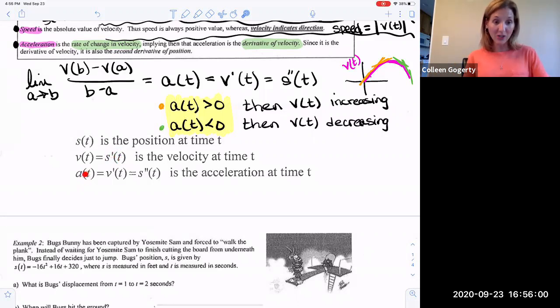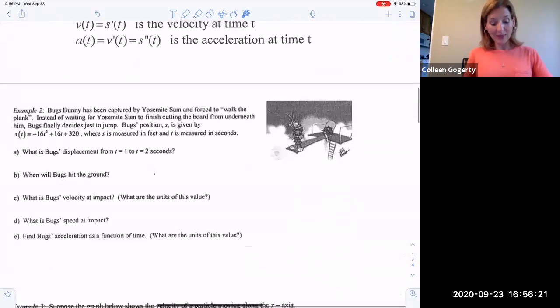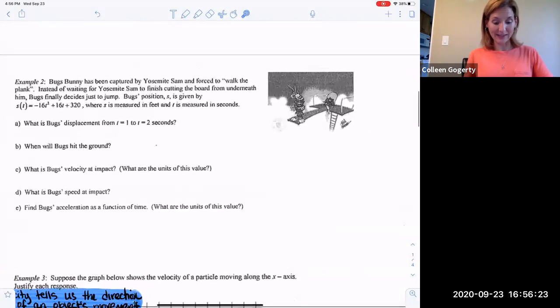Acceleration is the derivative of velocity because acceleration is the rate of change of velocity. Therefore, it's the second derivative of position. We're going to keep saying rate of change, rate of change, rate of change. All right, so with that, let's get into some examples.